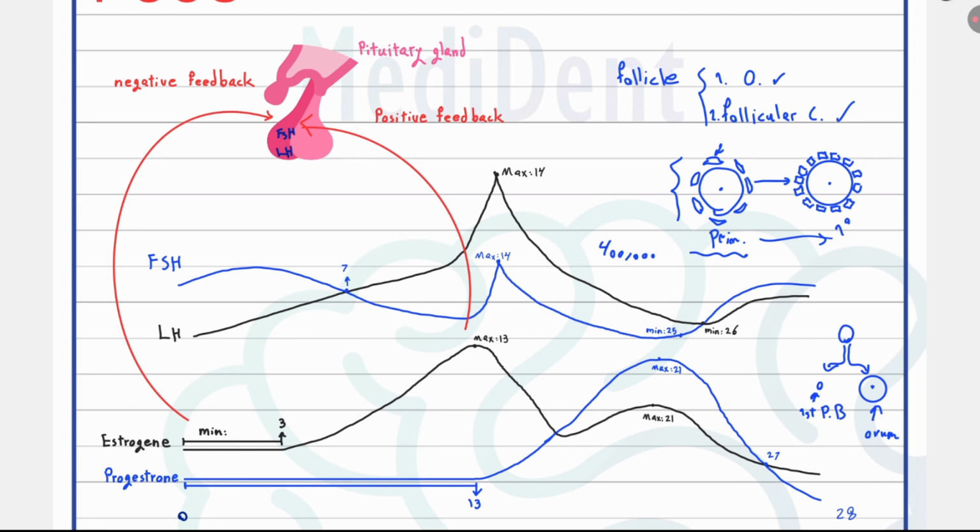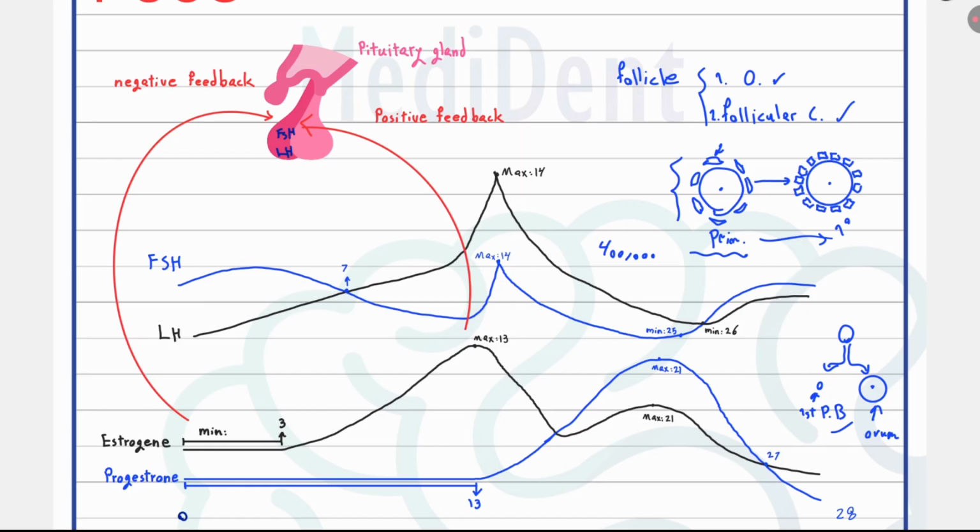In the mature Graafian follicle, we can see the ovum adjacent to the first polar body, and around these secondary ovocytes, we can see an accumulation of follicular cells. And because of the effect of LH, we can see ovulation. In ovulation, the follicle is ruptured and the cells are released into the fallopian tubes. This process is known as ovulation.